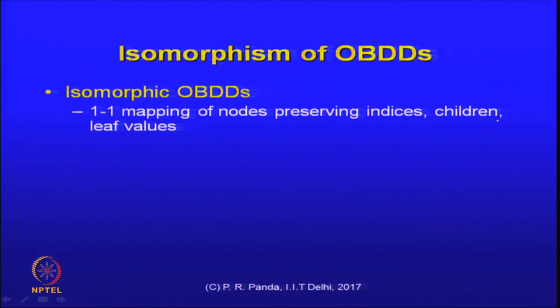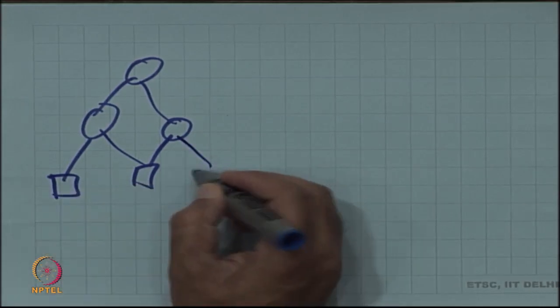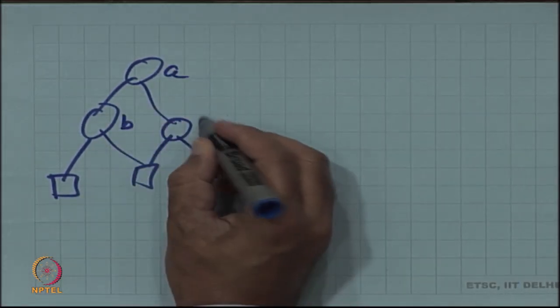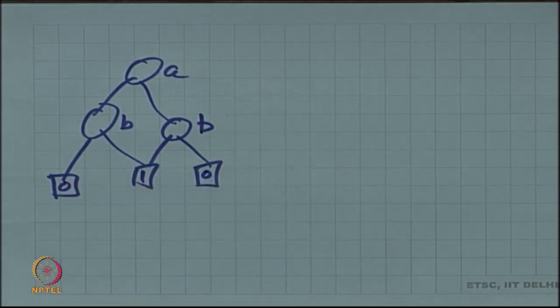Two OBDDs are said to be isomorphic if you can find a one-to-one mapping between their nodes that preserves the indices, the children, and leaf values, everything. Right. So, if I have something like that, this is A, B, B, and this is 0, 1, 0 or some such.